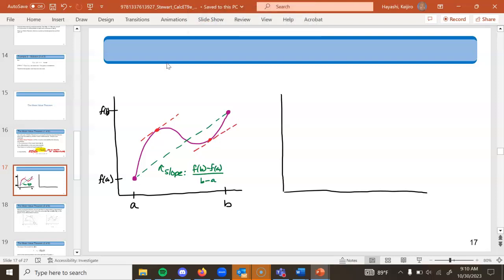The existence of those places where the derivatives are equal to the slope of the secant line is what's guaranteed by the mean value theorem. Say f prime of C1 and f prime of C2. Now, it may turn out that there's just one place that does that, but there can also be more.